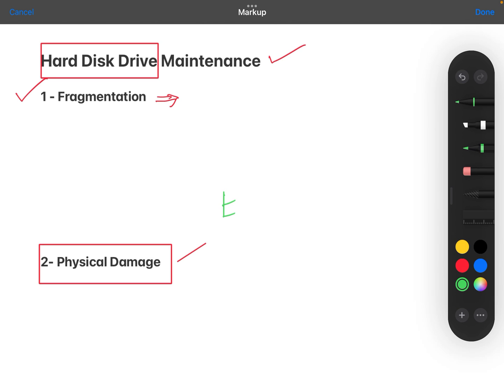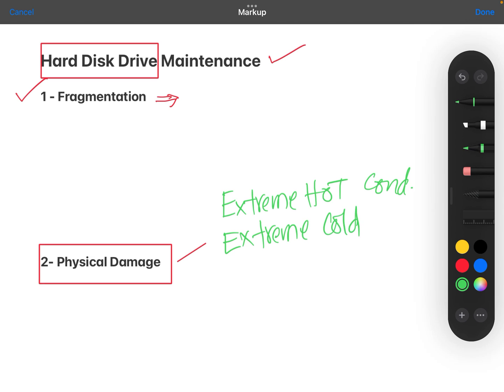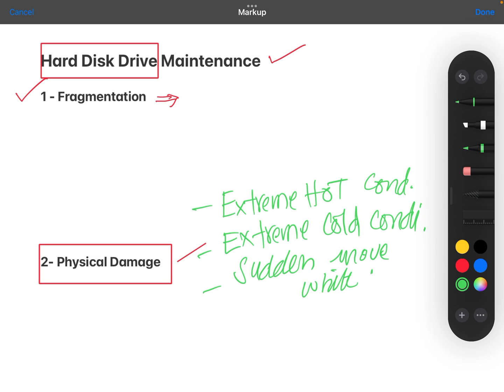The first is extreme hot conditions, the second is extreme cold conditions, and the third is sudden moves while reading or writing is happening.